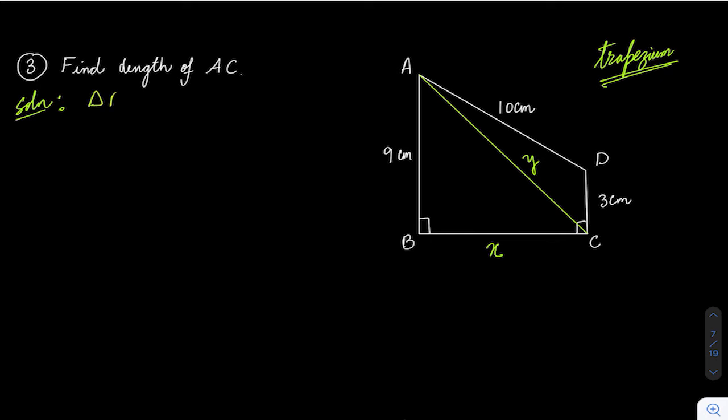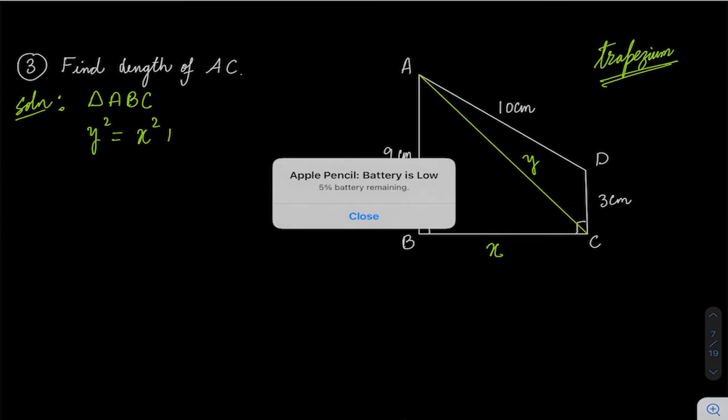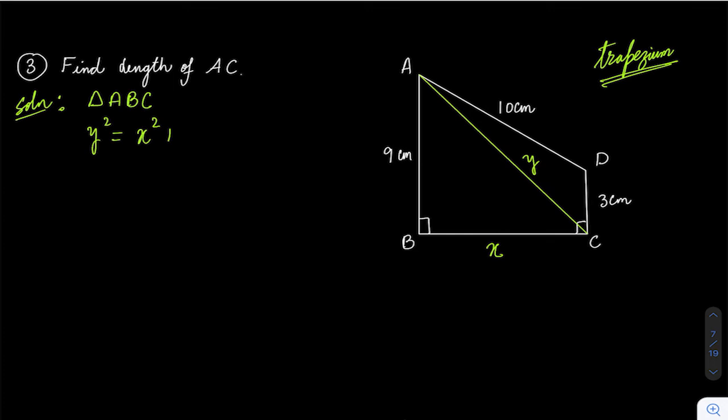I can write y square, that is the hypotenuse square, is equal to the sum of squares of the two shorter sides, that is x square plus 9 square. So we need the value of y, that is AC. So we need x. So we need to think how we can find this x value.